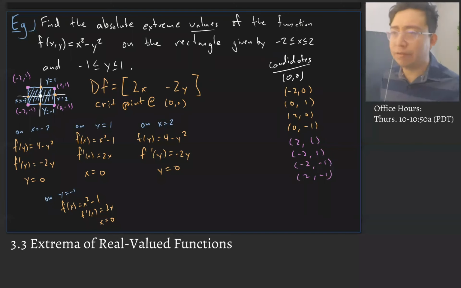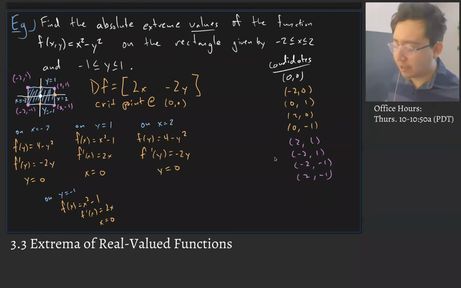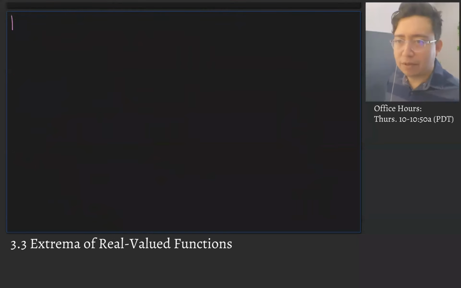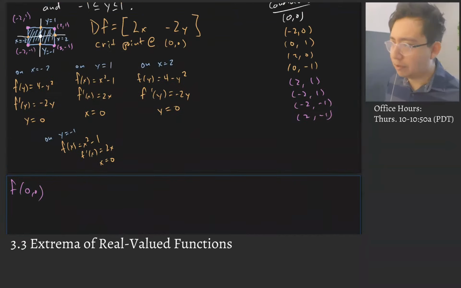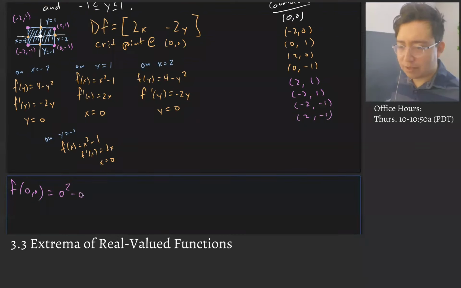So I'm just going to take all of these and plug them in and just test them here. So we start with f of 0, 0. Maybe I can scroll up here so we can still see. And the function was x squared minus y squared. So we do 0 squared minus 0 squared, and we get 0. Okay. Then we do f of -2, comma 0, and we get -2 squared minus 0 squared. So we just get a +4.